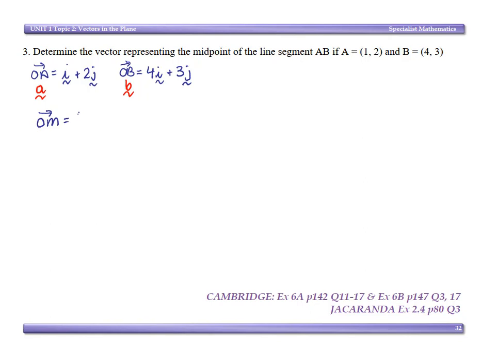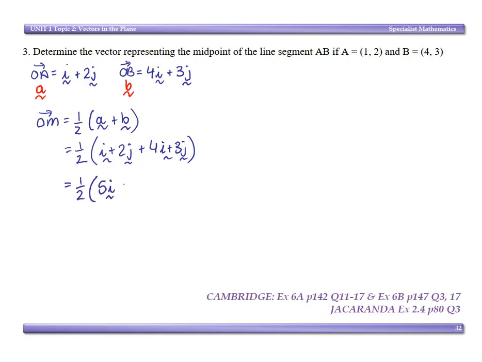OM is going to be a half of A plus B, which is a half of i plus 2j plus 4i plus 3j, which is a half of 5i plus 5j, which is 5 over 2 i plus 5 over 2 j.